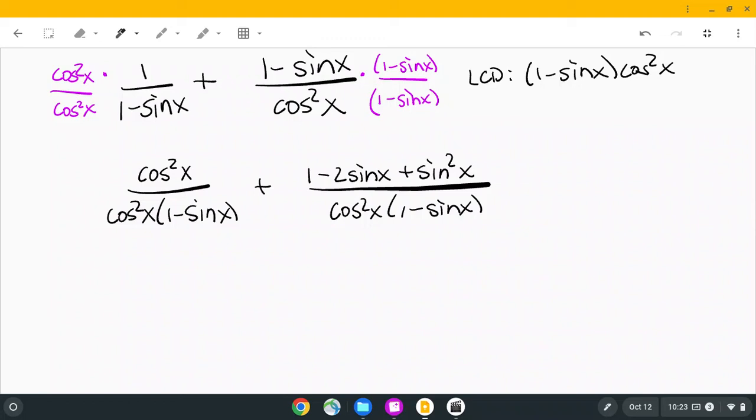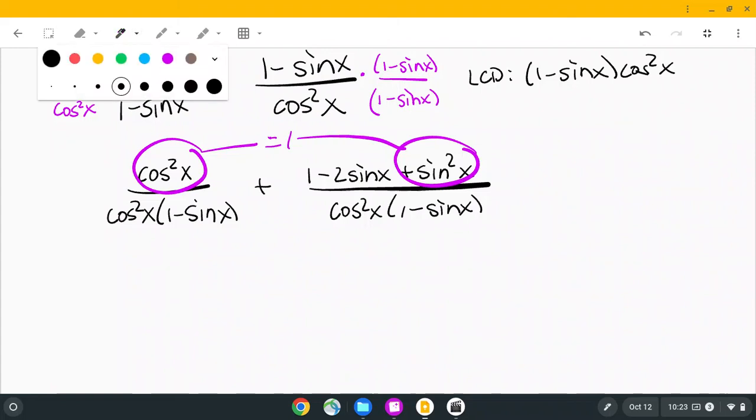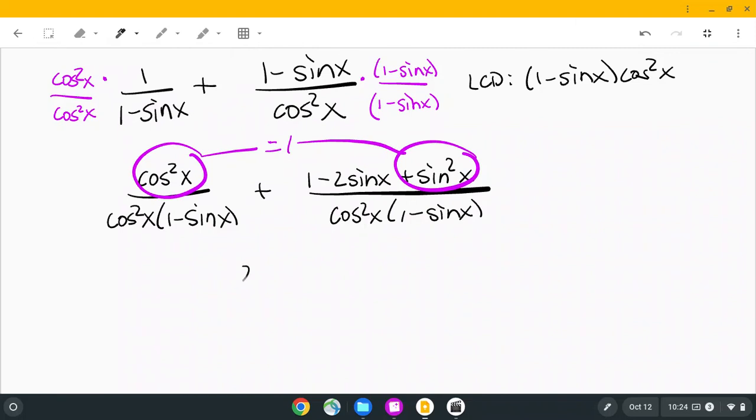Just like in that last problem, I have cosine squared plus sine squared that equals 1. So I'm going to combine this one with this one, and I'll get 2. So I get 2 minus 2 sine x over cosine squared x times 1 minus sine x.